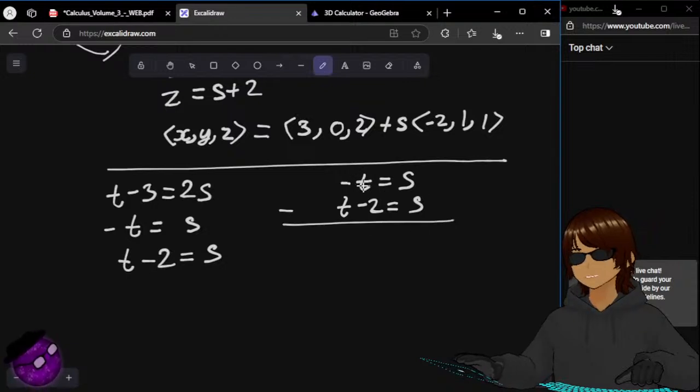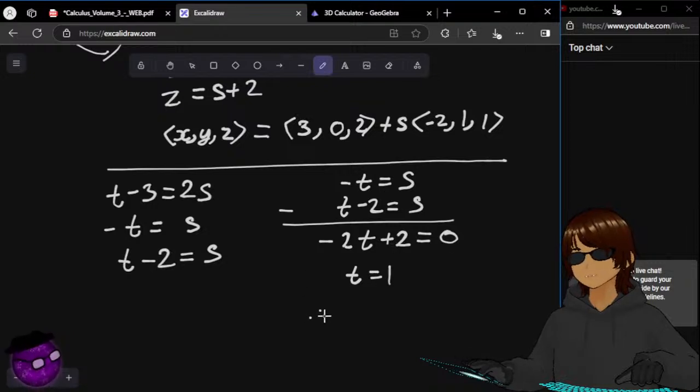So minus t minus t minus minus 2 is 0. t is equal to 1. Minus 2 plus 2 will give 0. Therefore, s is equal to minus 1.